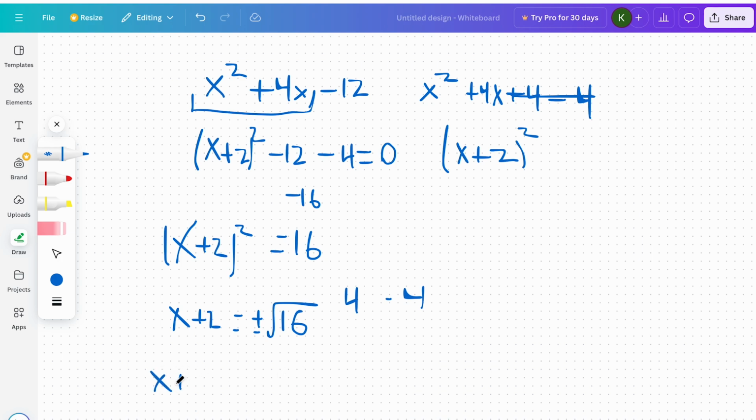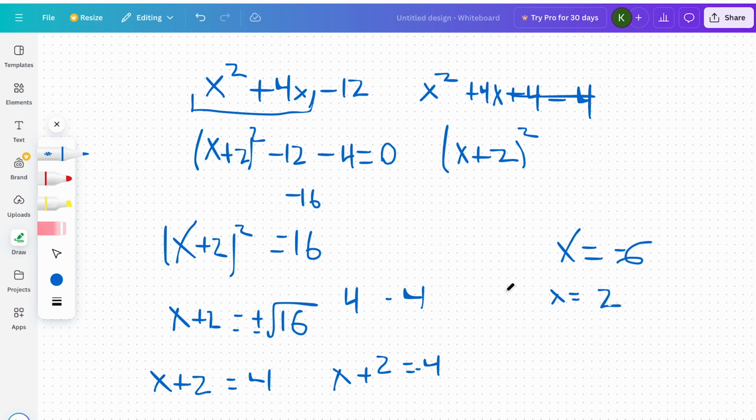X plus 2 is equal to 4, and x plus 2 is equal to negative 4. Once we solve these out, we will get that x is equal to negative 6, and x is equal to positive 2.